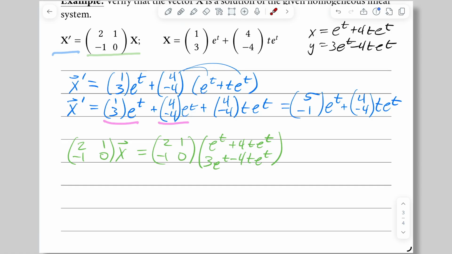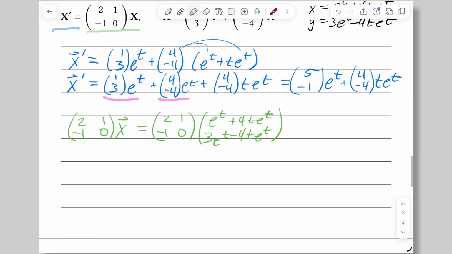Notice that what we have in what I just wrote down is a column vector. So when we multiply the matrix times the vector, we're going to multiply 2 by the top entry and then 1 by the bottom entry and add them together to get the first entry in the matrix on the right.